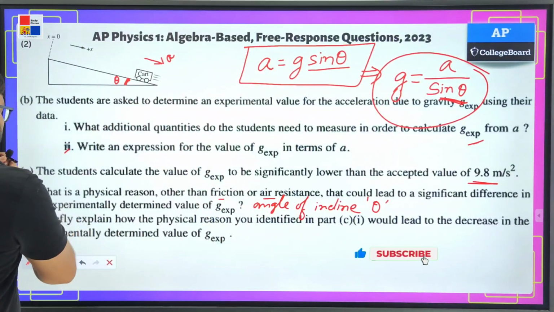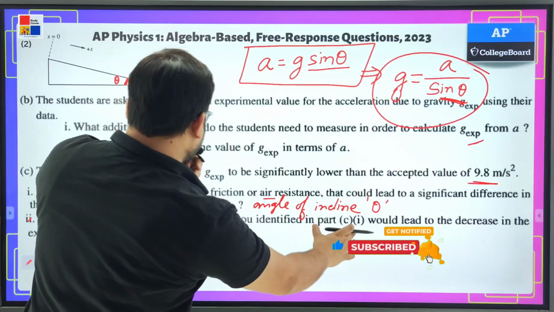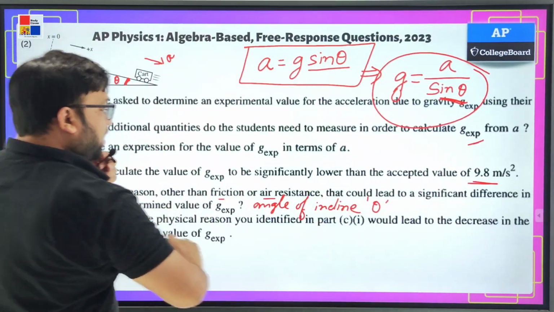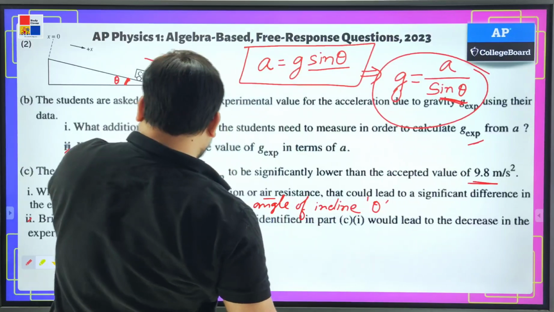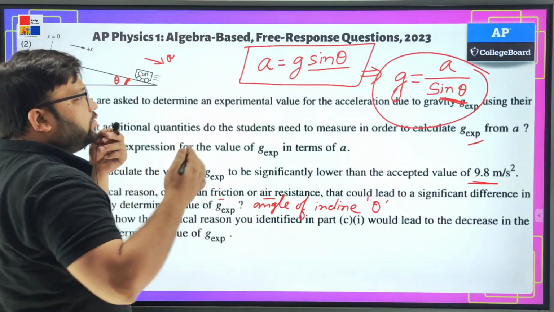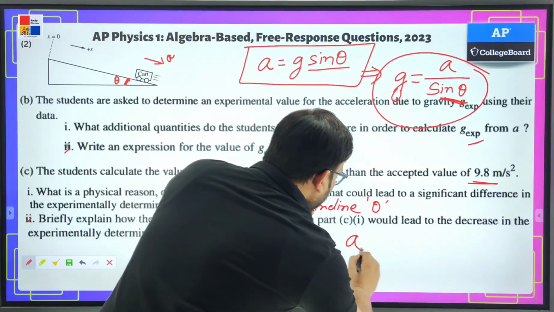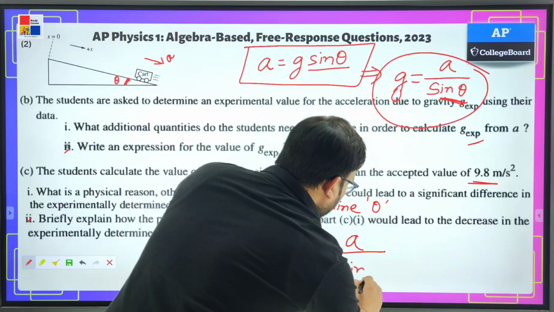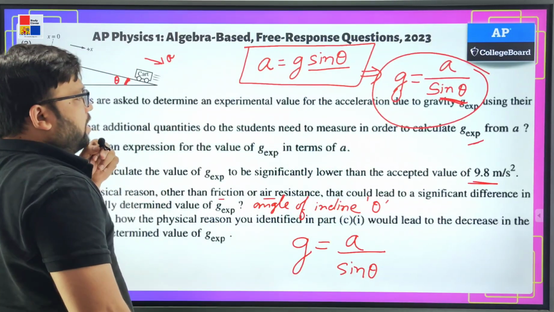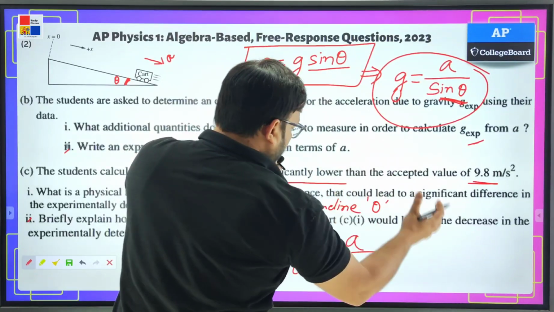Now, the second part says, briefly explain how the physical reason you identified in part C1, this part, would lead to the decrease in the experimentally determined value of this, right? G, I am getting as A upon sine theta. The value the student is calculating is significantly lower.